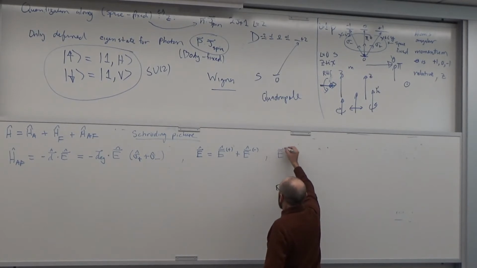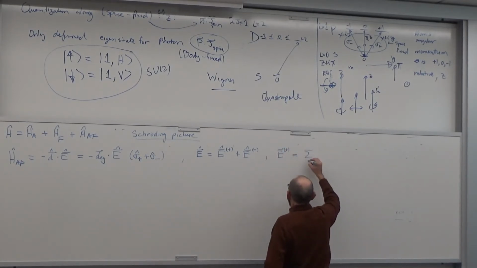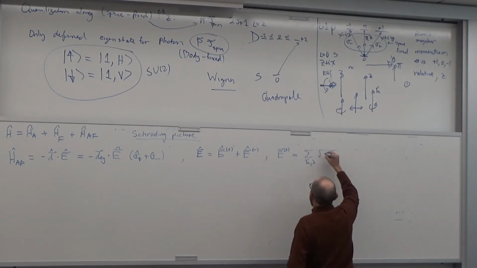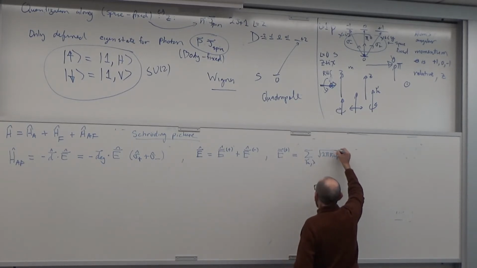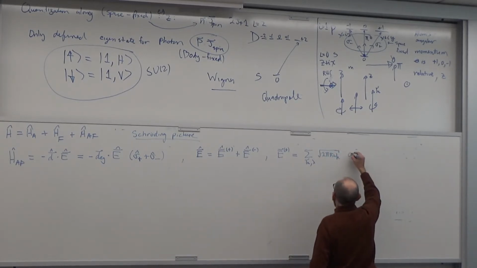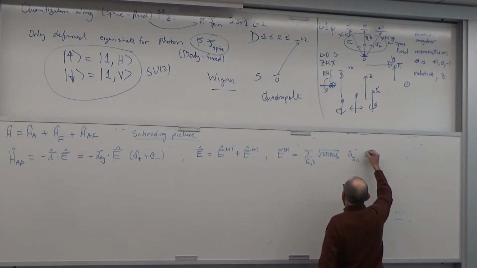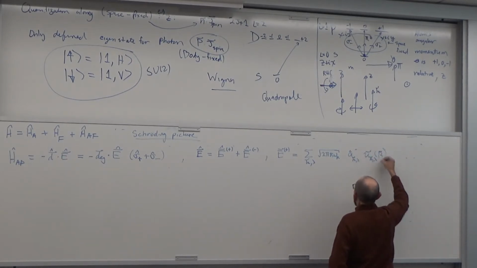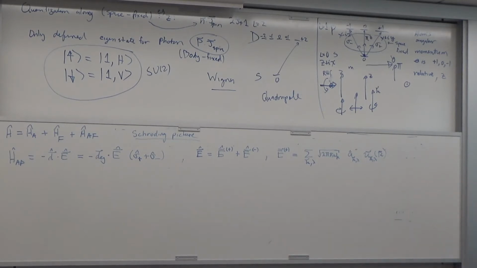And E plus, I'm going to write in the following way. It's the sum over the modes, square root of 2 pi h bar omega k, A of k and lambda u k of lambda at the position of the atom.